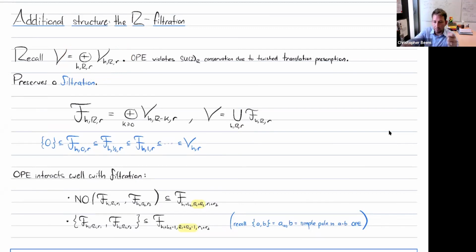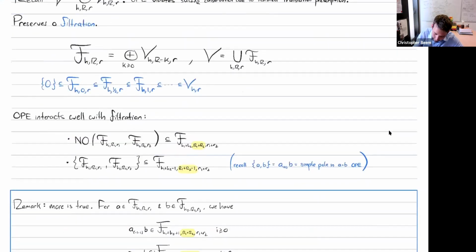However, my rule for moving operators around is that when I move it around, I only lower R charge. I don't raise it. And so that means that when I take two operators in this vertex algebra construction and take their OPE, although SU2R isn't conserved, an associated filtration is conserved, meaning that if I take a graded component and include all the lower graded components, then I'm going to land in that.